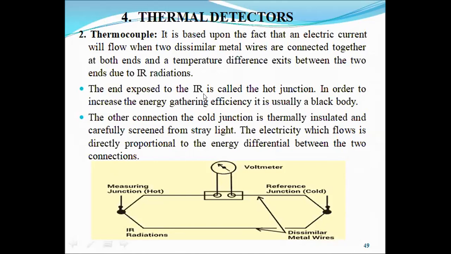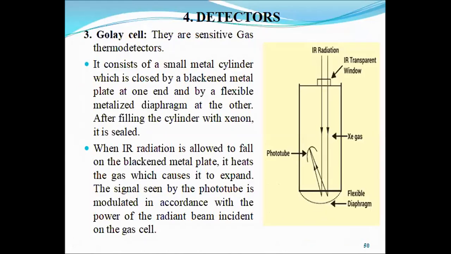The end exposed to IR is the hot junction. In order to increase the gathering efficiency, a kind of black body is usually used. The other is the cold junction, which is thermally insulated and screened from stray light. The electric current flow is directly proportional to the energy differential between the two connections. This is how a thermocouple works.